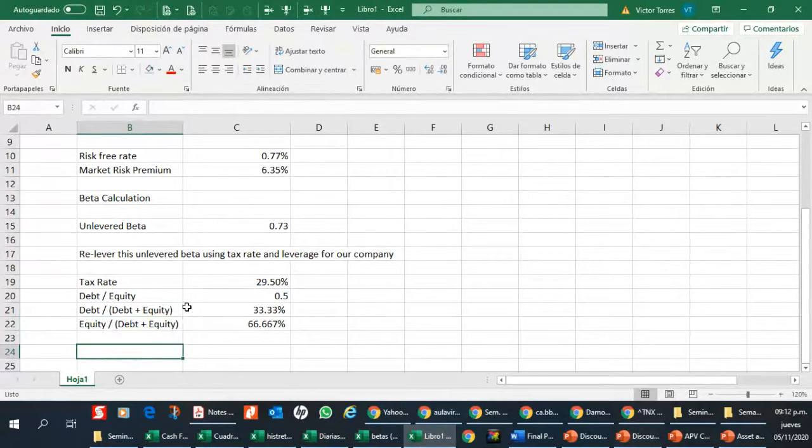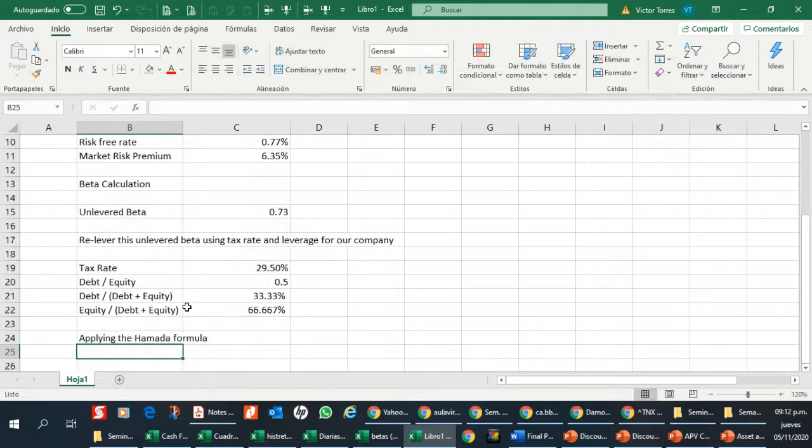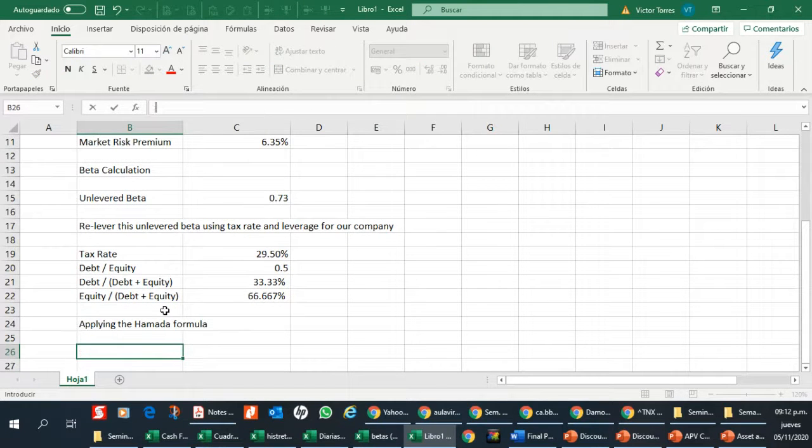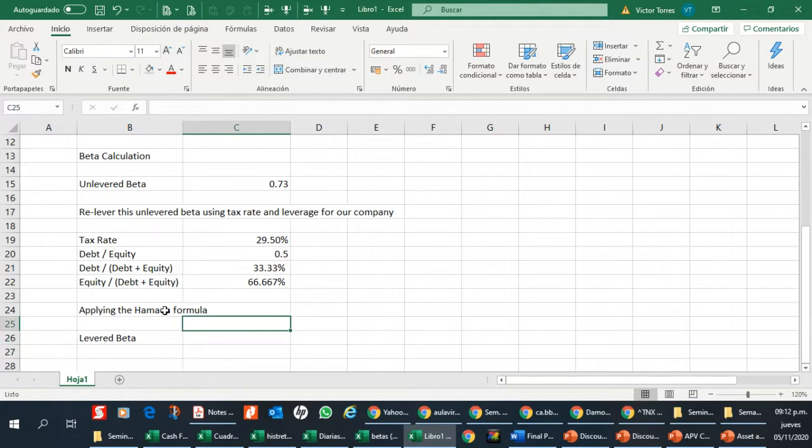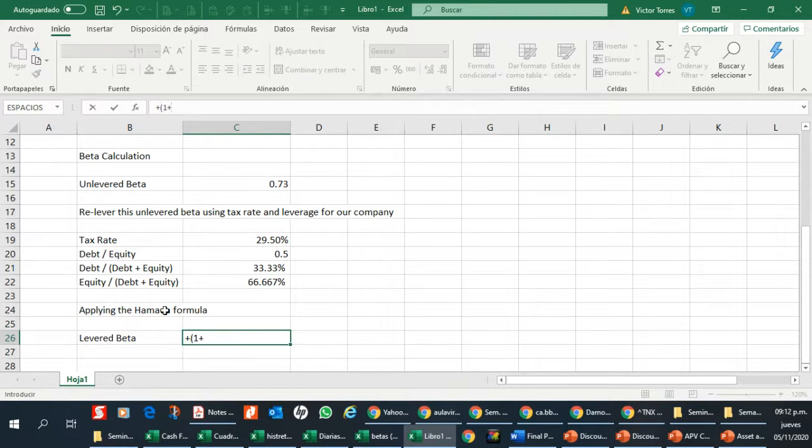What we're going to be doing here in order to relever this is applying Hamada's formula, with all the assumptions we just discussed. In order to do that, we're going to calculate the levered beta for my company. Imagine that I know this information, and we apply the formula directly: 1 plus (1 minus tax rate) times debt over equity, and that times the unlevered beta.